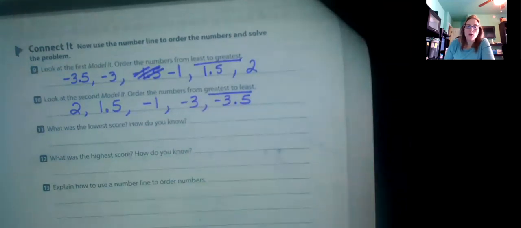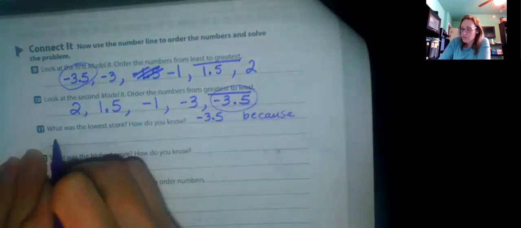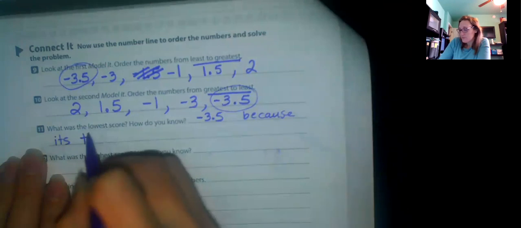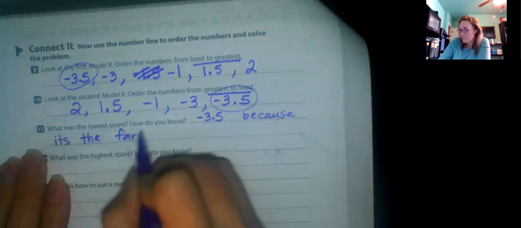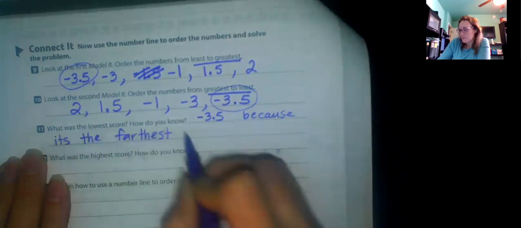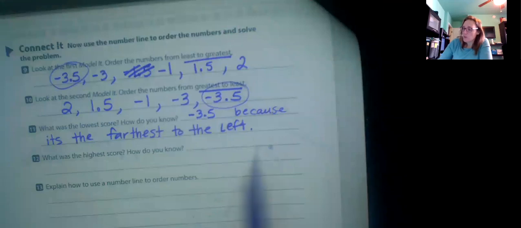What was the lowest score? So remember, the lowest score was the negative 3.5, because it's the farthest to the left. What was the highest score?